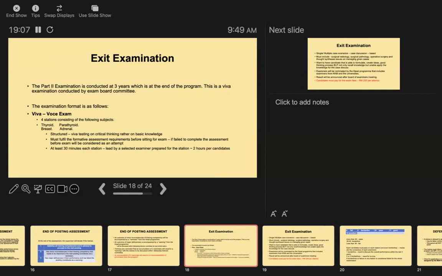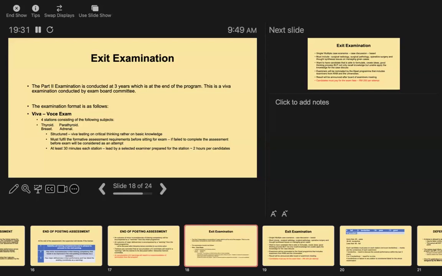The first table is thyroid, breast, parathyroid, and adrenal. This is a structured viva testing on critical thinking. Bukan level undergraduate, bukan level masters ya. Ni level nak jadi consultant.